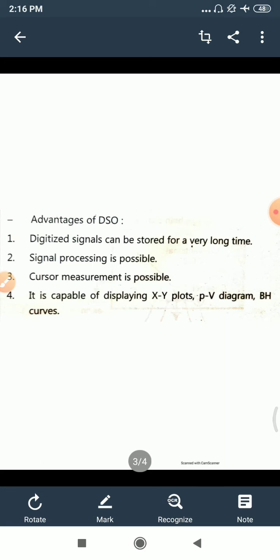Suppose you have to measure the time period of a particular cycle, you can adjust the X and Y cursors so that for a particular portion of the waveform, the time period or frequency, whatever parameter you want to measure, will be measured using the cursor measurements. The next one is that it is capable of displaying XY plots, PV plots and BH curves.